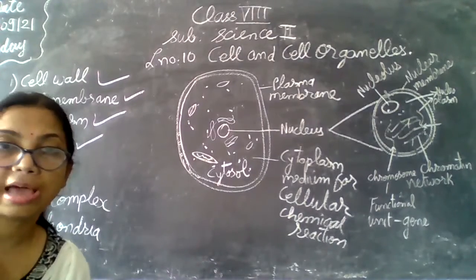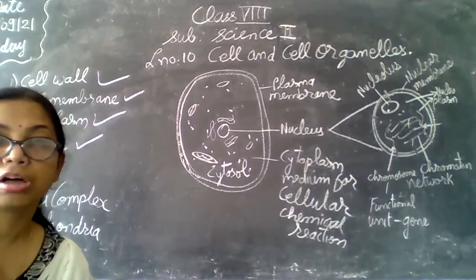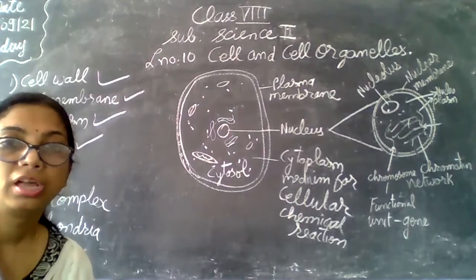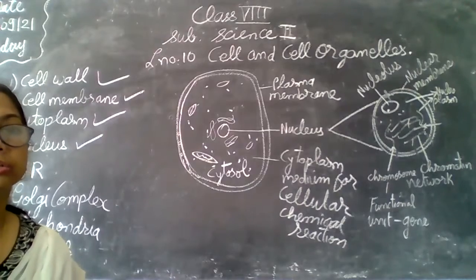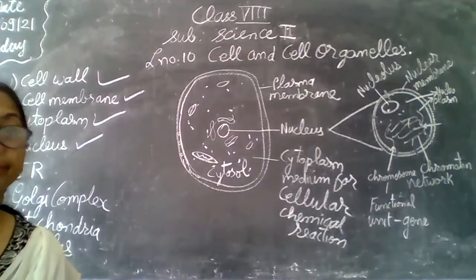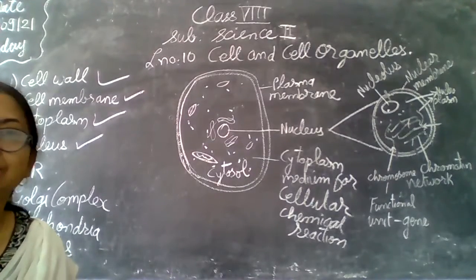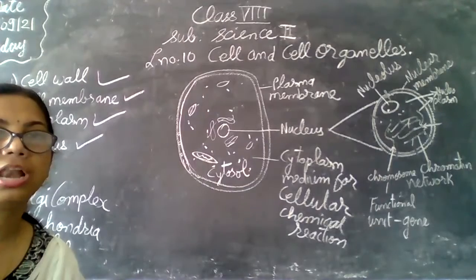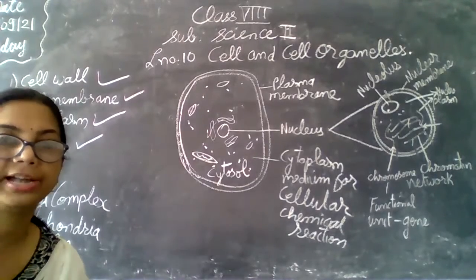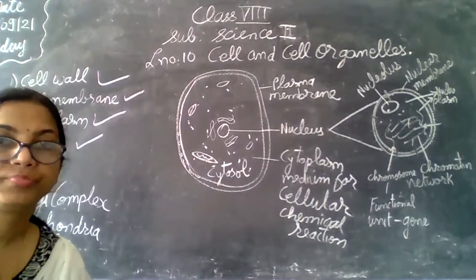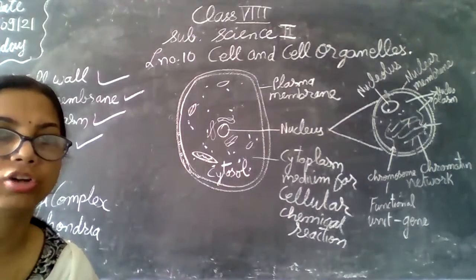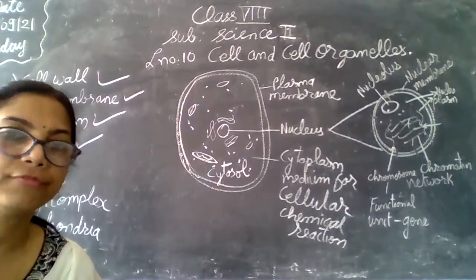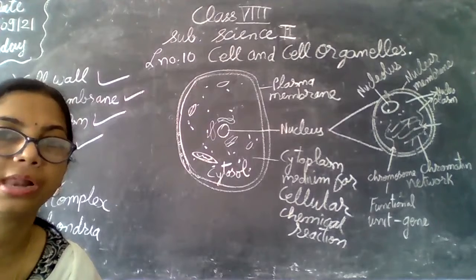So I hope you all have understood the cytoplasm in detail and the cytosol, which is the other part of cytoplasm other than your cell organelles that are suspended in the cell. And the nucleus, which is a very important part of your cell. Without that, functioning of the cell is impossible.